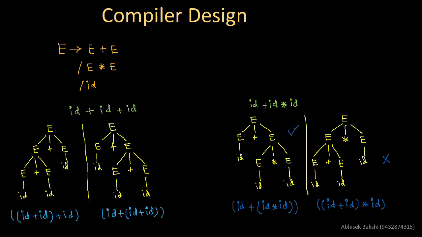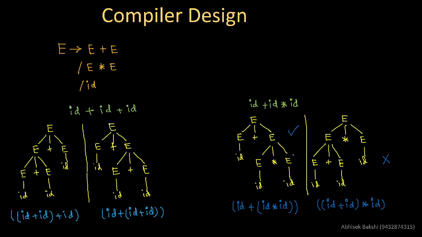Because in your grammar you have considered star has higher precedence over plus. Suppose in your grammar you consider plus has higher precedence than star, then this part will become correct and this part will become wrong. So which is wrong or which is correct entirely depends on what you are planning for your grammar.